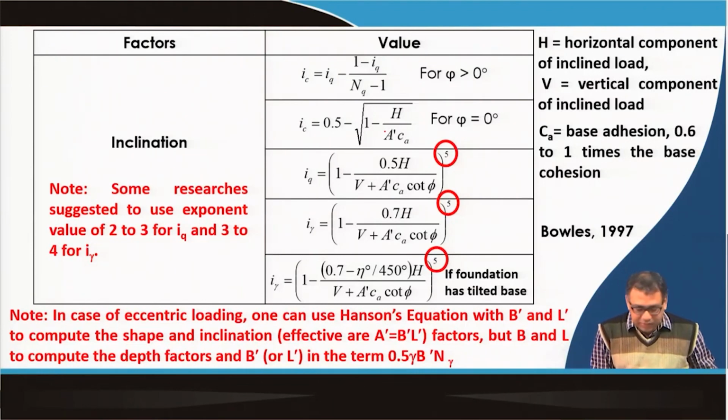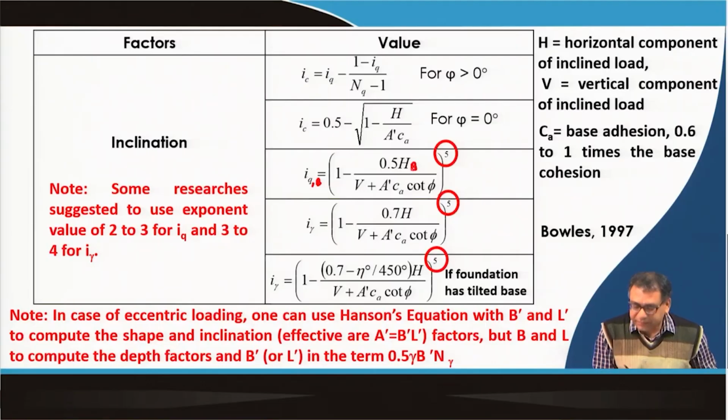Clear? So, for example, I can write for IQB, this will be your HB.